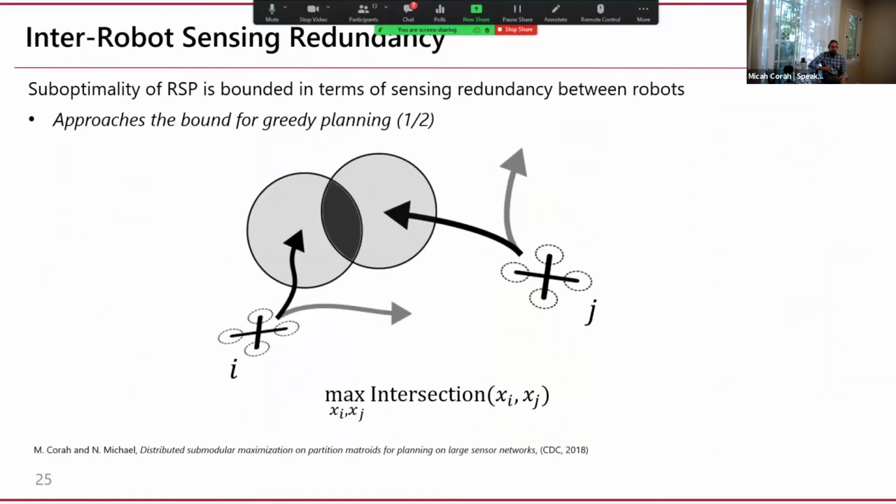When we go to analyze RSP planning, the suboptimality then depends on a notion of the maximum redundancy between robots' observations for robots planning in parallel, as illustrated here with the intersection of 2 observations with an area coverage reward.